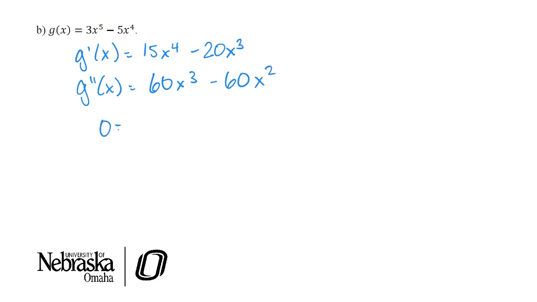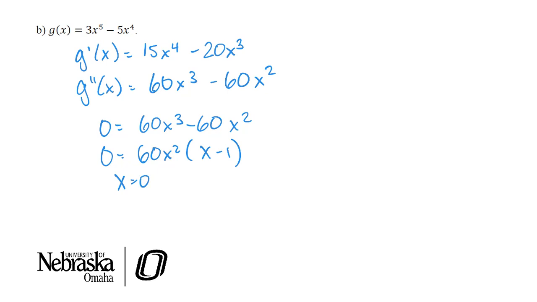So now we want to set this equal to 0. We can factor out a 60x squared from each of these terms. We would get x minus 1. So we have two potential values, x equals 0 and x equals 1.